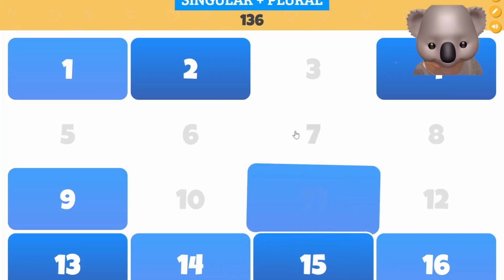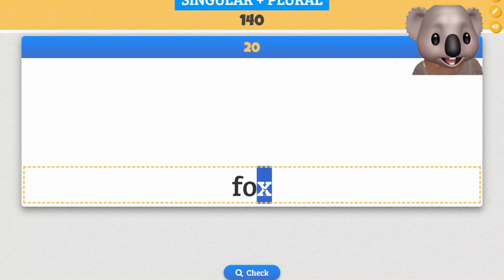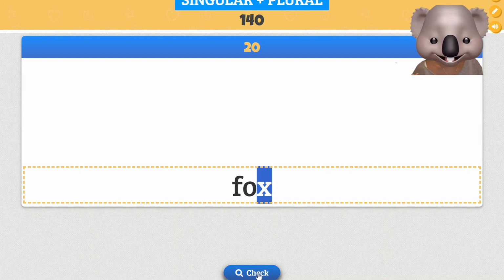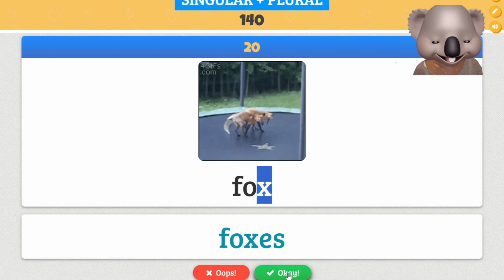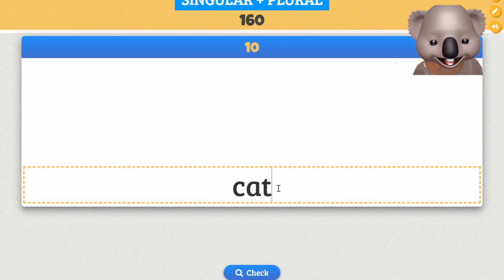KNIVES. Number 9. Fox. X로 끝나는 단어들은 ES만 붙이면 돼요. Good job. Number 4. Cat. This one's easy.